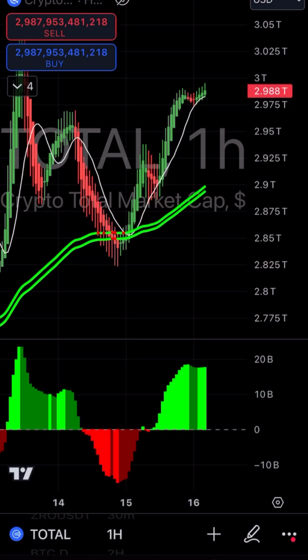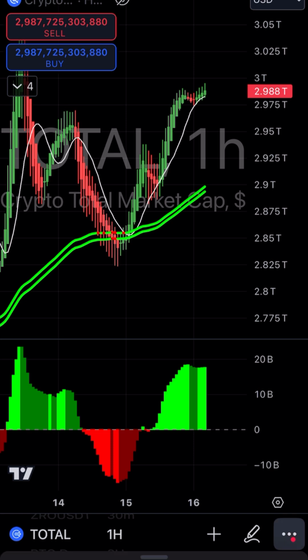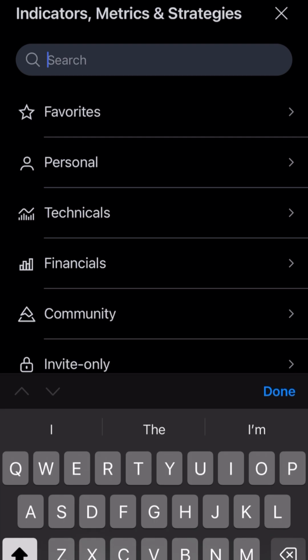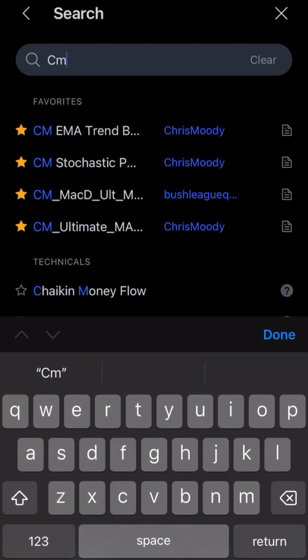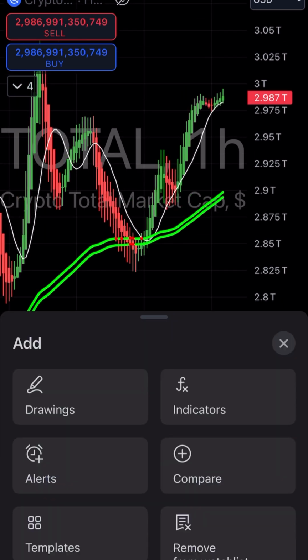Okay, so if you want to set it up like I have it, first we have our CM EMA trend bars, which is basically the 90, 95. So go to your settings, go to CM EMA trend bars, and change your settings to 90, 95. That's what those two lines are.